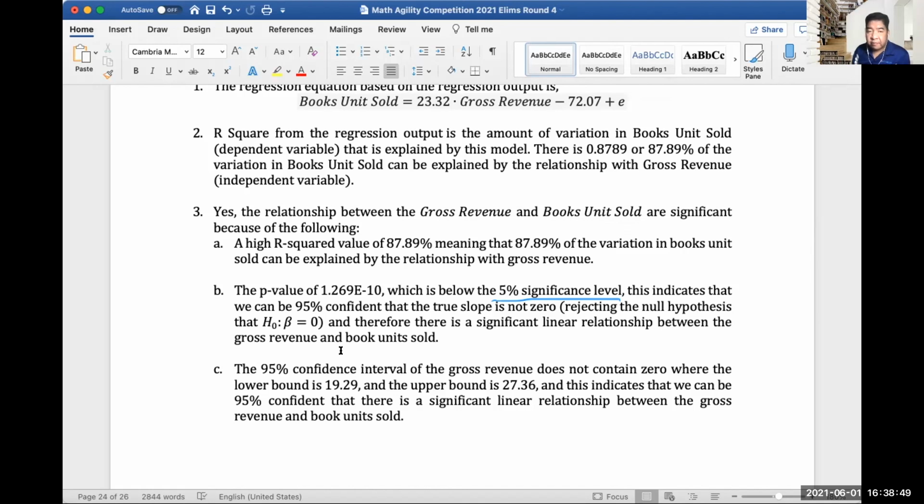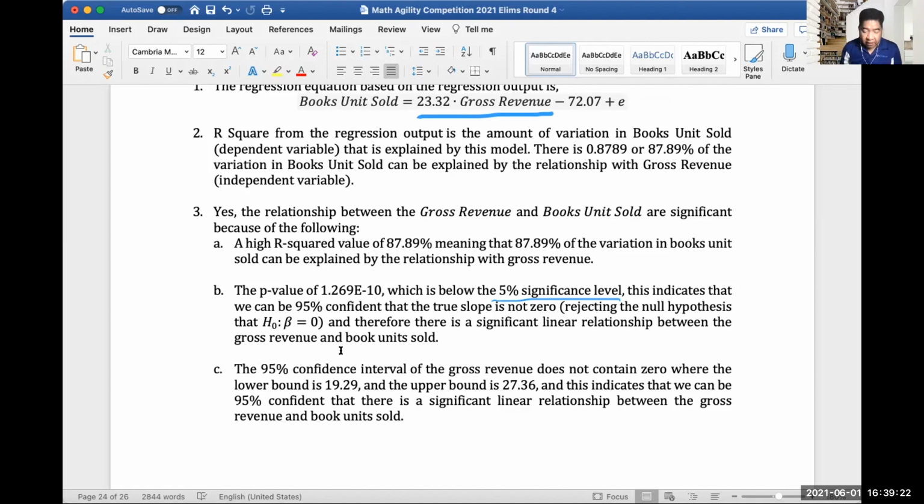Because our null hypothesis is always that beta is zero, right? Which is our true slope. So we reject the null hypothesis, and therefore there is a significant linear relationship between the gross revenue and the books unit sold. Because if this is zero, then there's no significant relationship between the books unit sold and gross revenue, right?